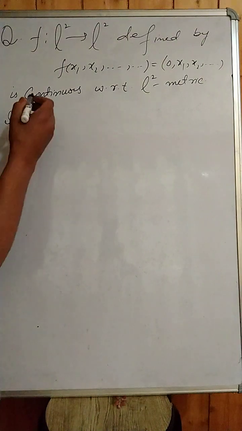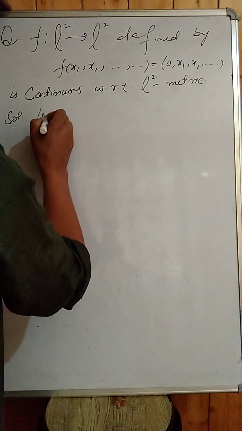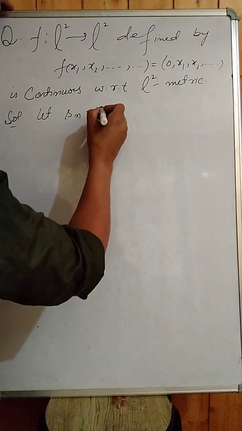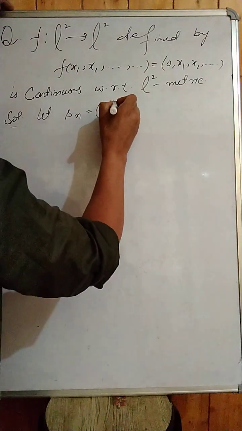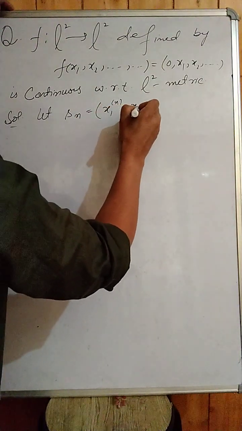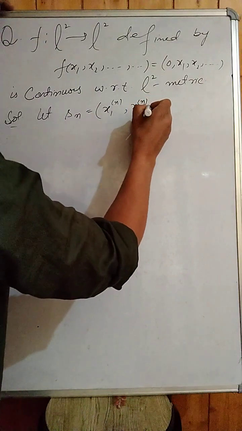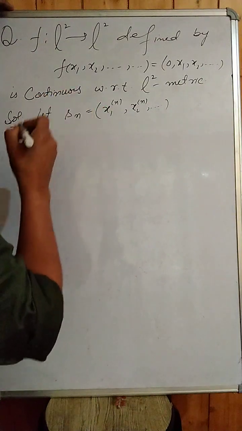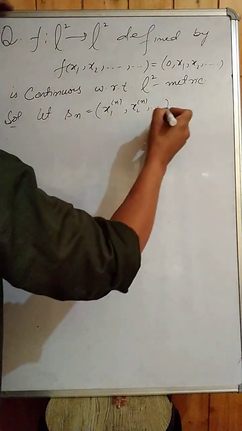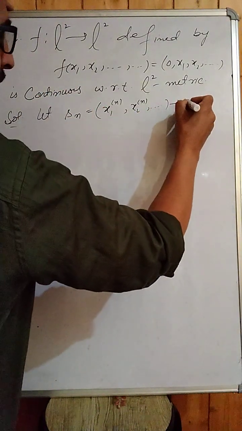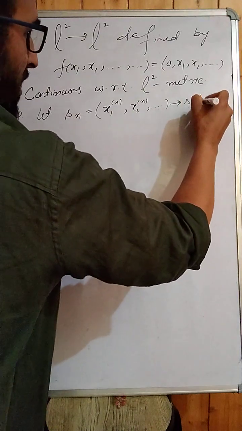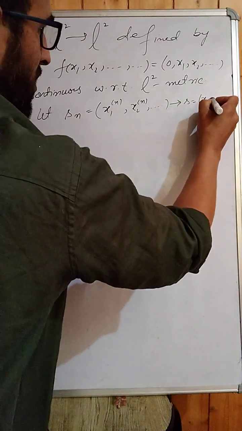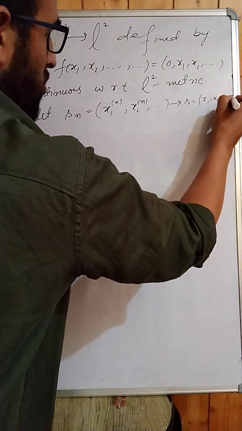That means let's take a sequence Sn equal to (x1n, x2n, and so on), and let's assume that this converges to S, and suppose that S is equal to (x1, x2, and so on).